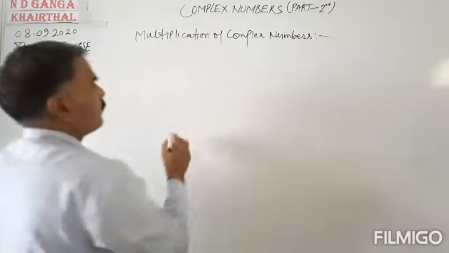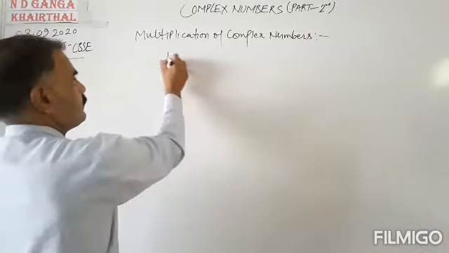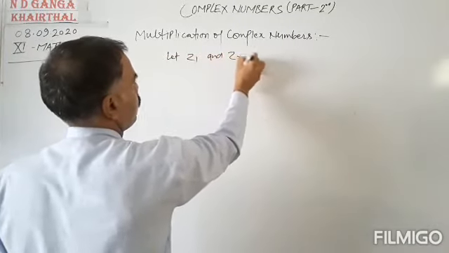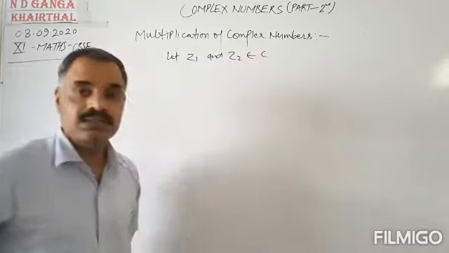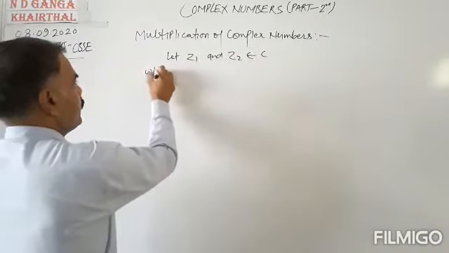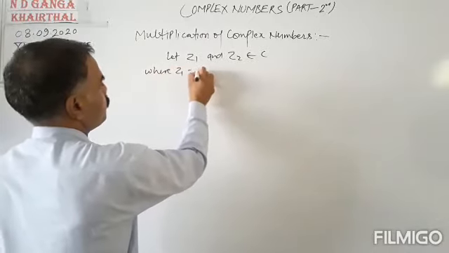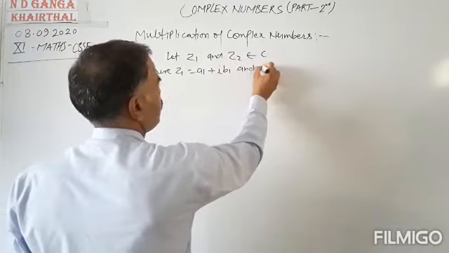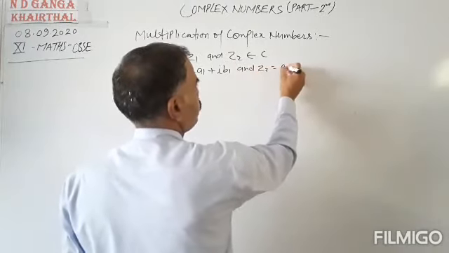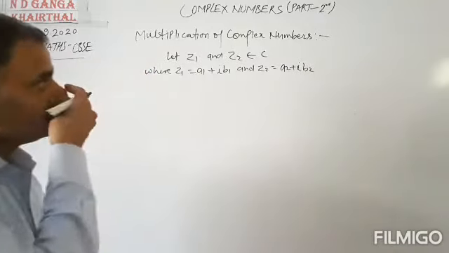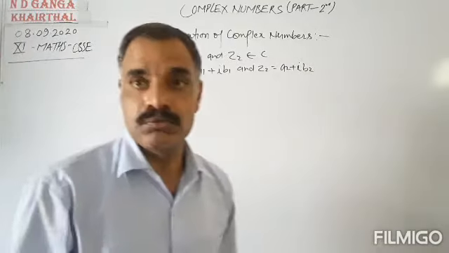Okay, so let Z1 and Z2 belong to the set of complex numbers, that is C, where Z1 is equal to A1 plus iota B1 and Z2 is equal to A2 plus iota B2.